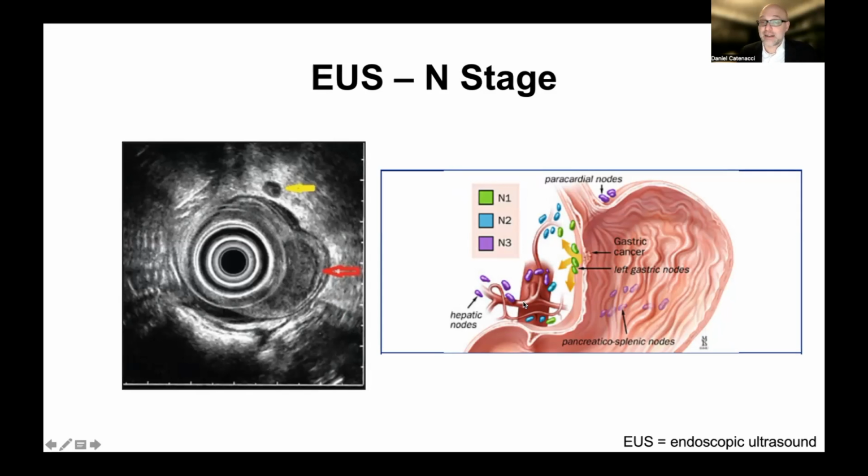And then finally, not shown, would be really distant lymph nodes, like, for example, up in the neck or lower down in the belly. Those would be called M1 lymph nodes, or metastatic lymph nodes outside of a surgical field. When we get to the surgery discussion, we'll be talking about removing lymph nodes at least D1 and D2. Most agree that going deeper to do D3 resections is not recommended.